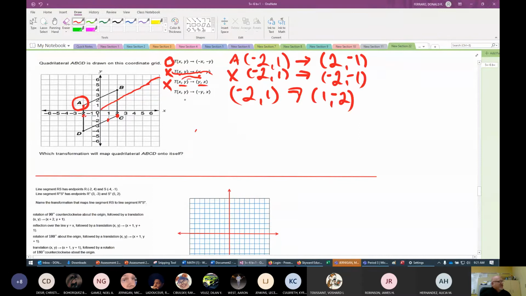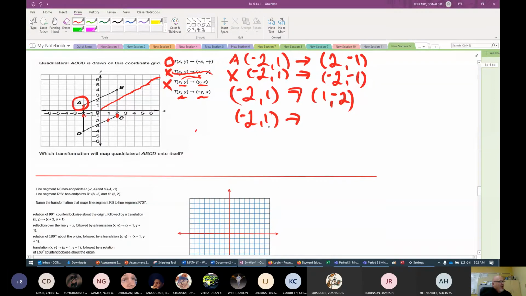Knock that one out. The last one here is xy going to -y, x. And Asuncion just said she's in, so that's good. So again, I've got my original point A, which is -2, 1. And x is going to become -y, and y is going to become x.